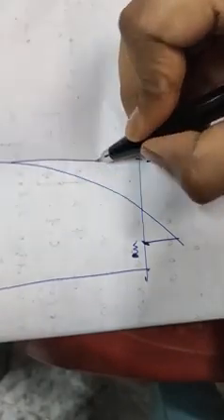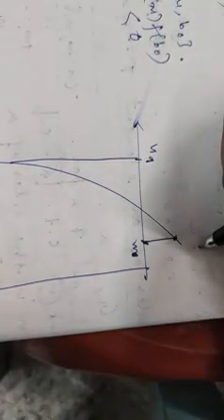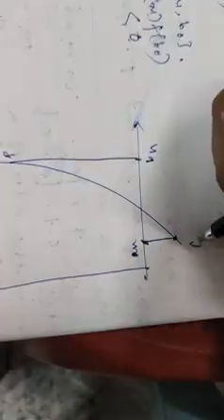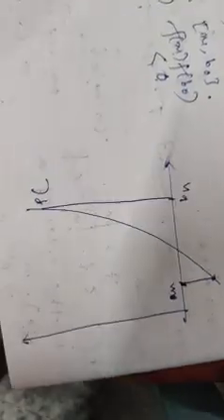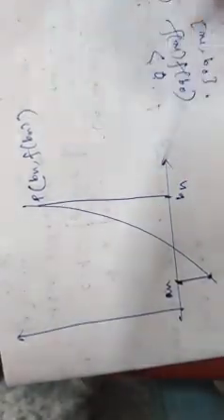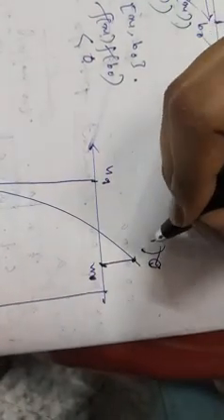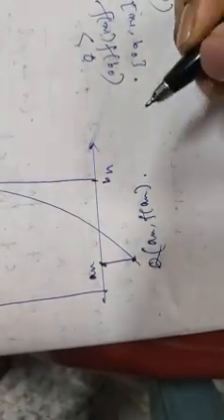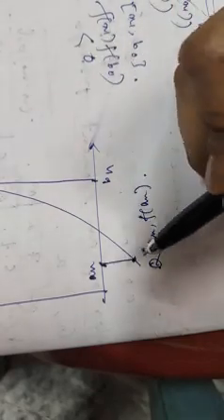Joining these two points, we name this one P and this one Q. The coordinates of the point P will be Bn, f of Bn, and the coordinates of the point Q will be An, f of An. Here f of An is negative and f of Bn is positive. We have taken it like this; you can take the reverse also.